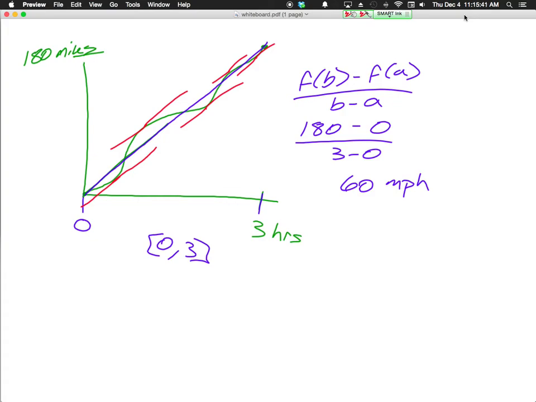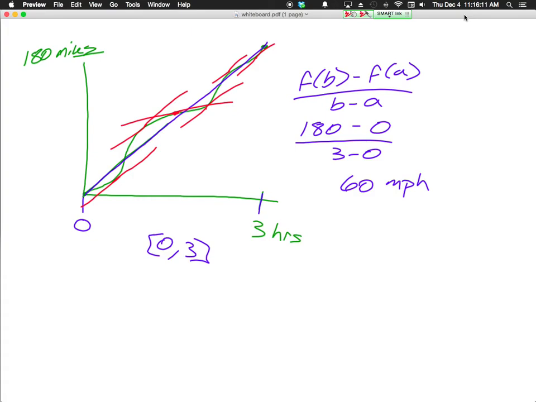All the other times I was doing what? Faster or slower. Let's take an example. Let's say at this point right here, was I going faster or slower than 60? I was going slower. How do we know that? Because it's concave down. If I draw my tangent line at this point, is the slope of this tangent line bigger or smaller than the slope of my 60 mile an hour line?